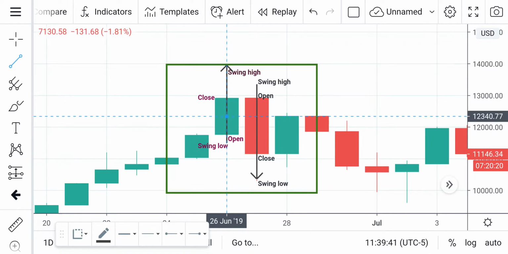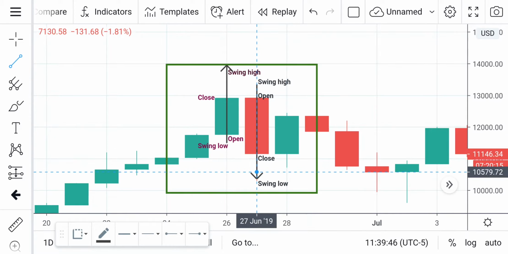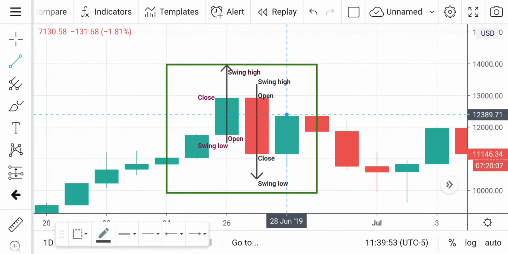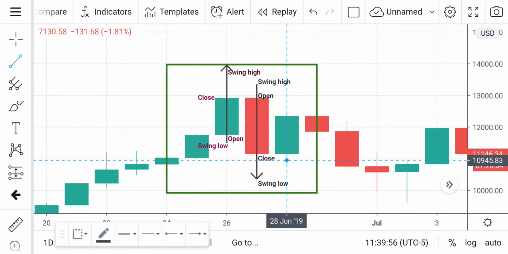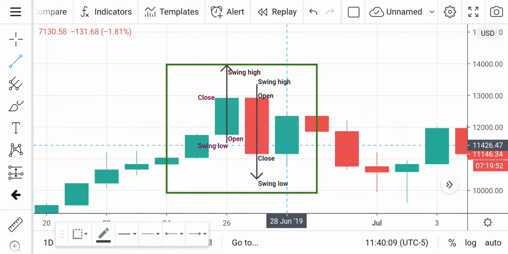But if the wick is far shorter than the body, like in this candle over here, you can see the blue pointer, the wick is not that much. So this is telling you that buyers are very much in control, and the candle is bullish. So if the wick is longer than the body, it means that there is serious price rejection.